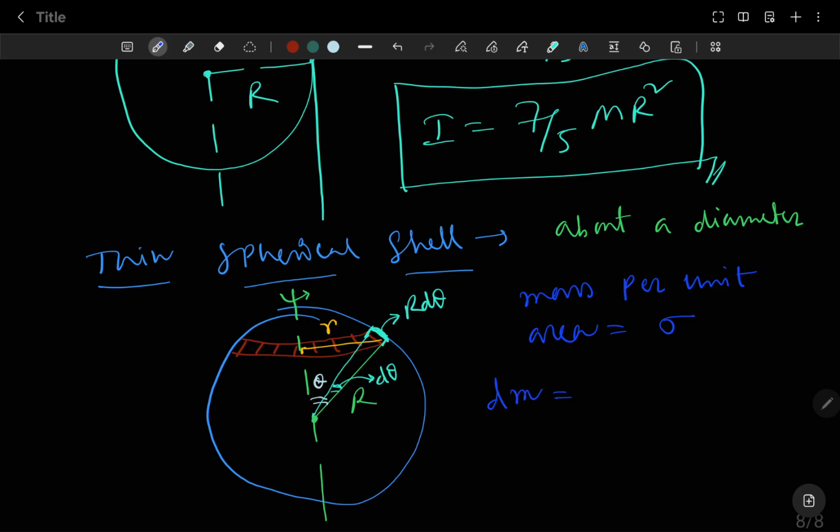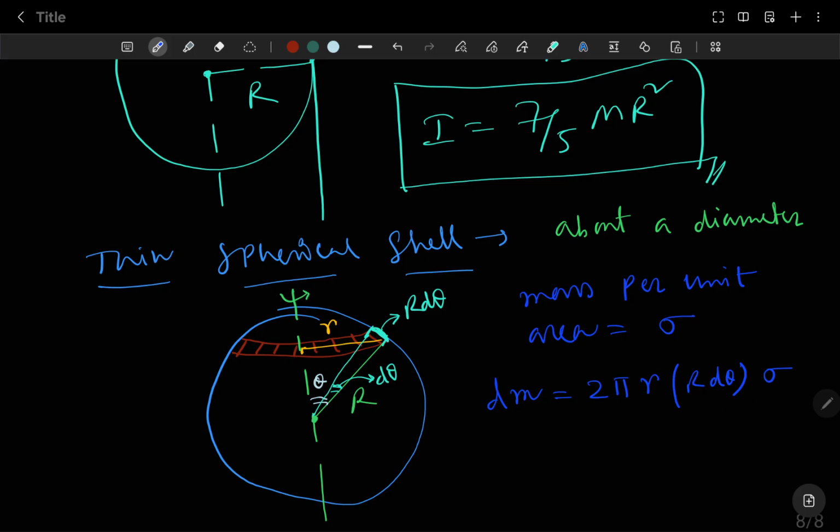The surface area will be 2 pi rh, that is 2 pi r, and h is r d theta, right? 2 pi rh is the curved surface area of a cylinder basically. This is basically a cylinder, the curved surface area you have to consider. You have to imagine it three-dimensionally. Into sigma, per unit area it is sigma, so the mass of this area is the area into sigma.